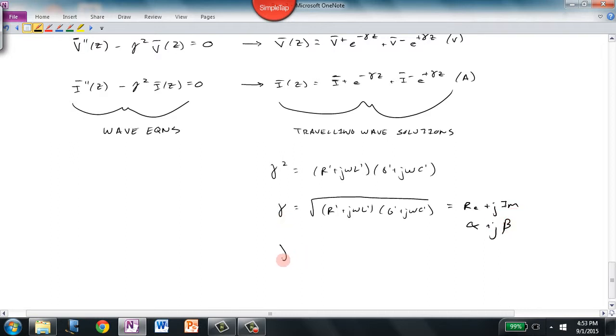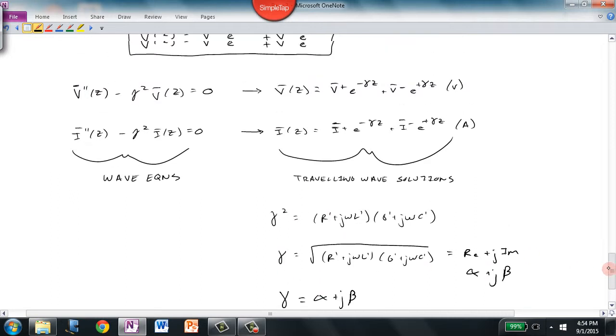So in general, the complex propagation constant gamma is equal to alpha plus j beta, and to calculate their values you just perform this math under here. You'll get a complex number. The real portion of that complex number is alpha. The imaginary portion of that complex number is beta.